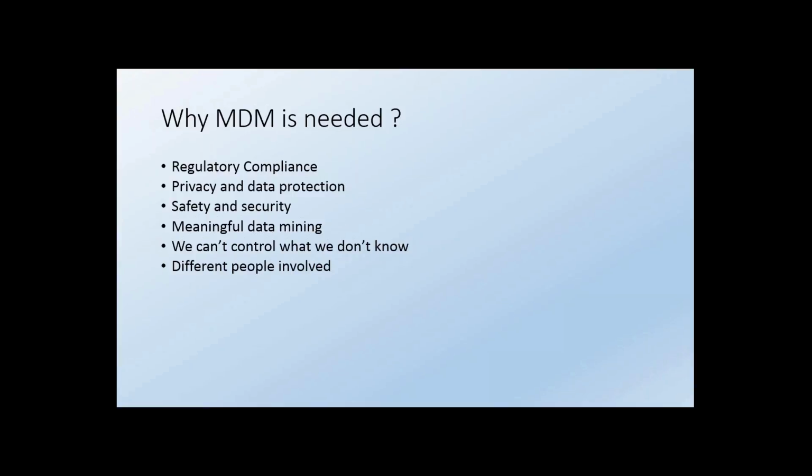So if he thinks it is 13, he'll mention it as 13 centimeter. The other user will put it as 15 centimeter. Whenever the order gets punched, it will take the latest updated information from the system. Just to avoid all this confusion, we can make use of MDM.